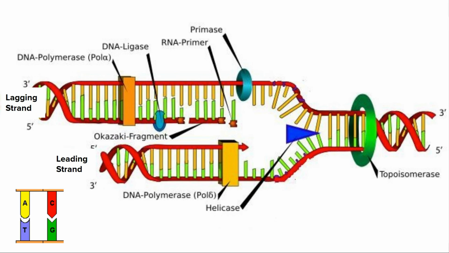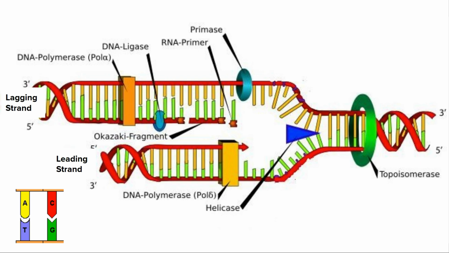It's going to keep those same percentages that we talked about with Chargaff's rules because they're just matching it up. It's going to always move towards the replication fork as it's continually being opened up.